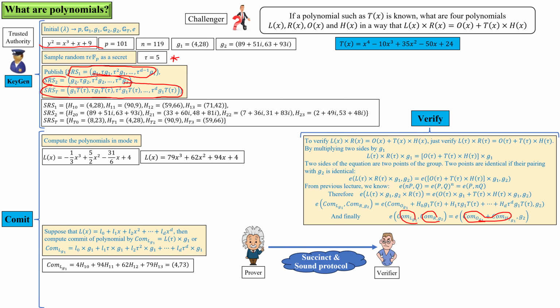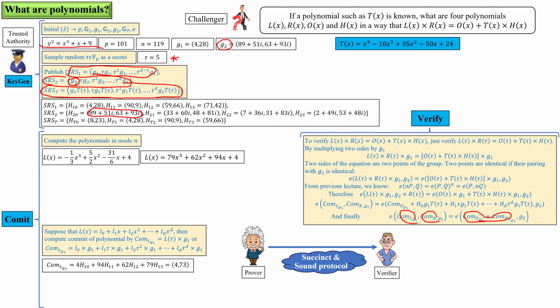Okay, so let's review these values. G2 is the generator of group number 2, right? So G2 equals 89 plus 51i and 63 plus 93i.